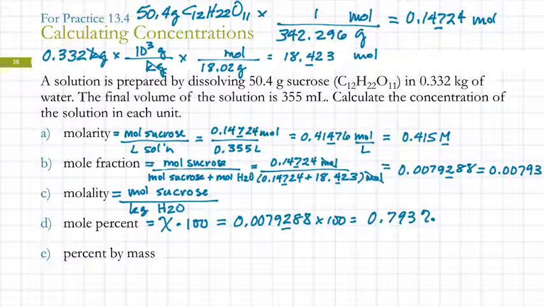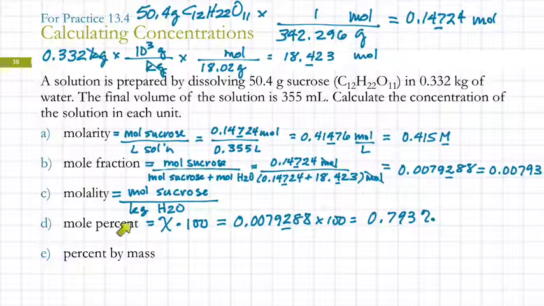What's the practicality of this one? Well, this is useful for things like colligative properties, where you're looking at freezing point depression and boiling point elevation, because molality doesn't change with temperature. That's, as far as I know, the only good thing about it. Other than that, I think it's pretty stupid.